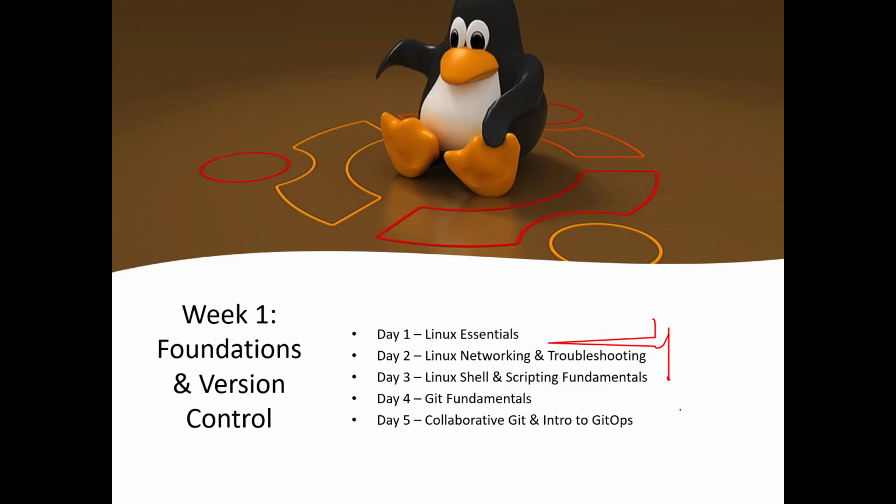Next we will teach Git. What is Git? What is the Git branching strategy? What is Git flow? What are the Git commands? What are the real-time Git commands mostly used in organizations? That's what we're going to cover in the first week.